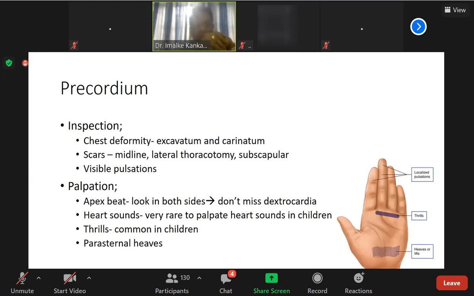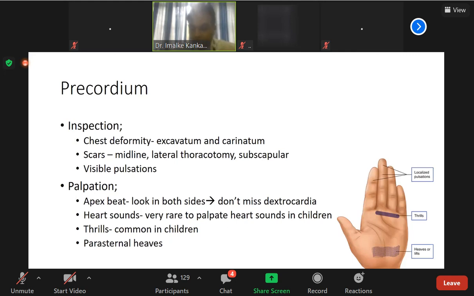But very important to look for surgical scars, because surgical scars are hidden. We don't usually keep surgical scars in public, right? So that's why surgeons put surgical scars under the scapula, under the axilla. So you have to actively look for them.